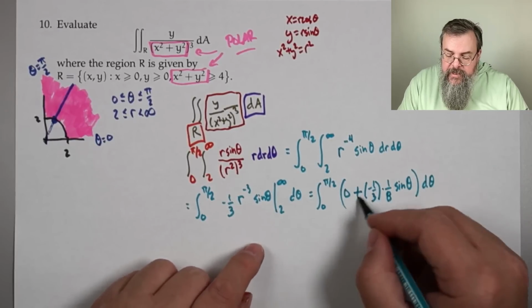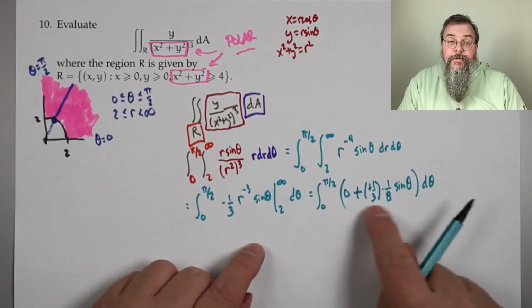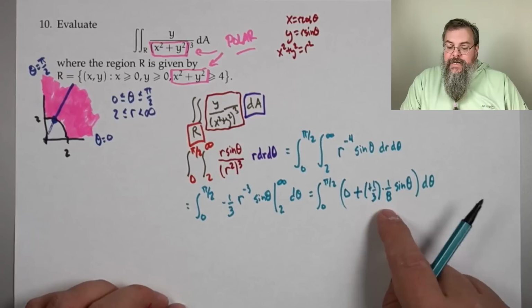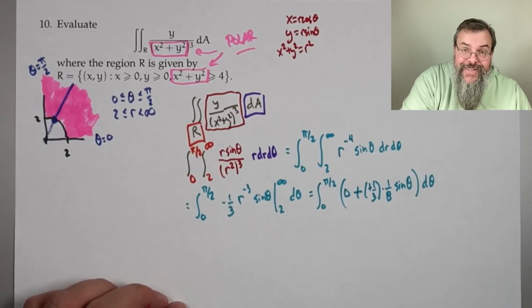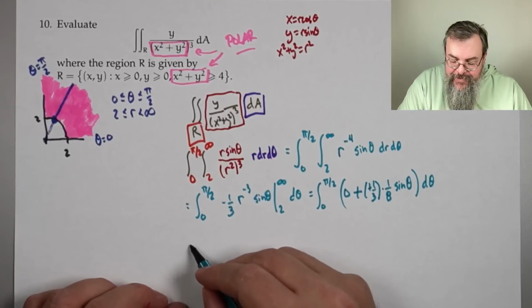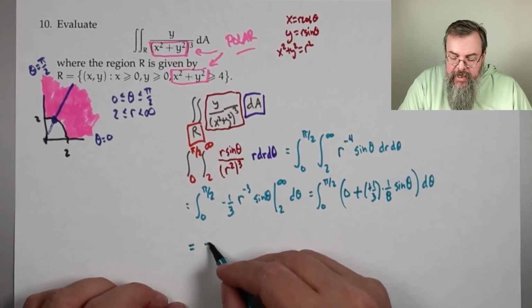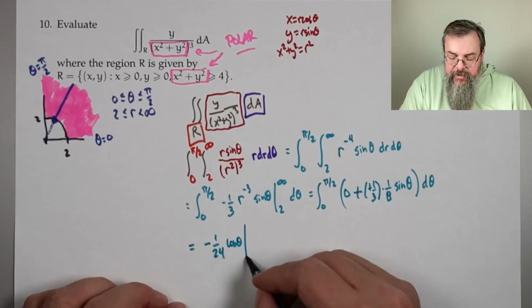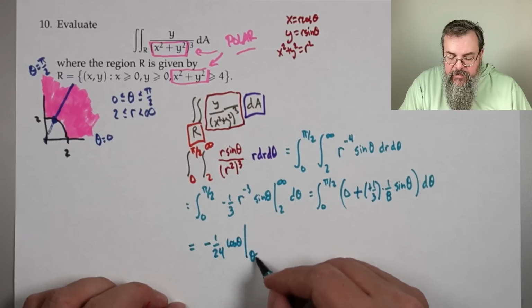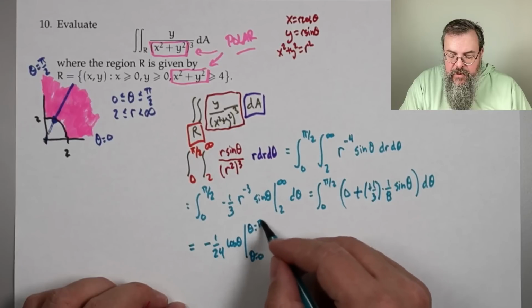All right, so minus, that's the plus. So that's really 1 over 24. And then we integrate sine. Integral of sine, negative cosine. So this is going to be minus 1 over 24 cosine theta, evaluate from theta equals 0 to theta equals pi over 2.